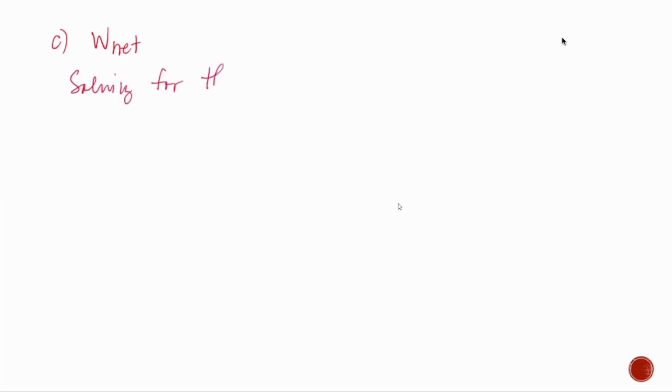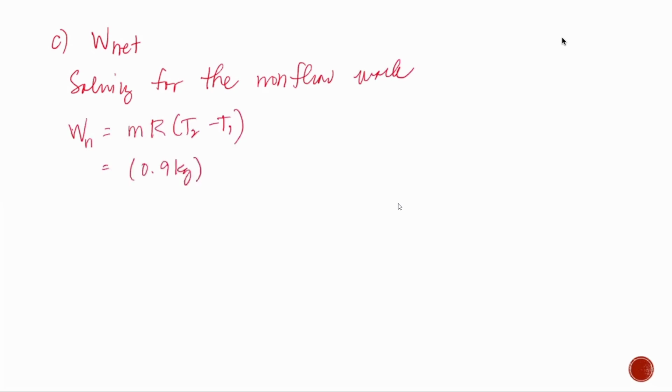Solving for the non-flow work. Okay, solve muna natin si non-flow work of the system. So, the non-flow work is equal to MR T2 minus T1. Okay? So, we have the 0.9 kilogram. We have the R of the hydrogen or the gas constant for the hydrogen, 4.12552.